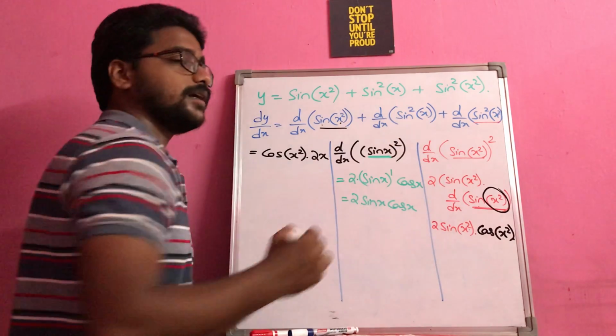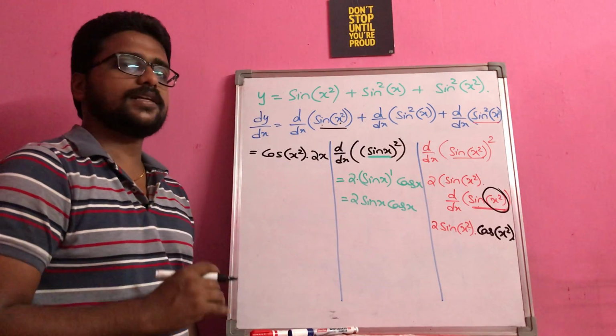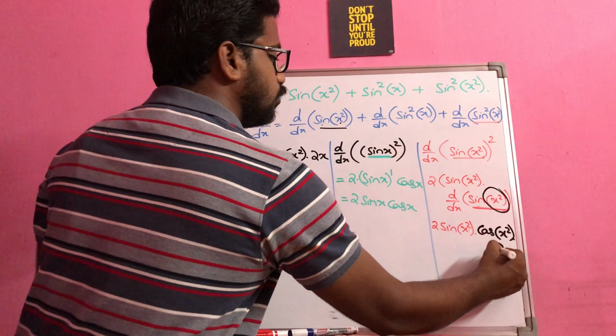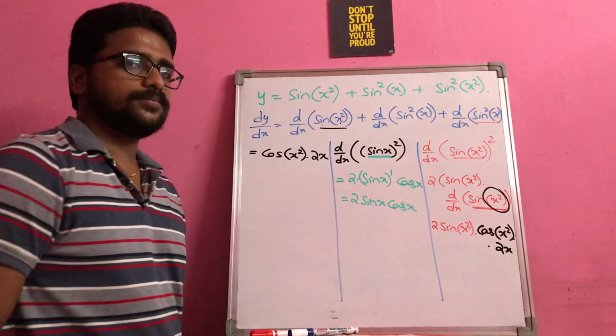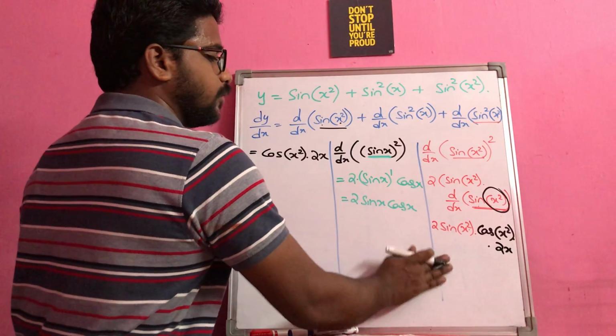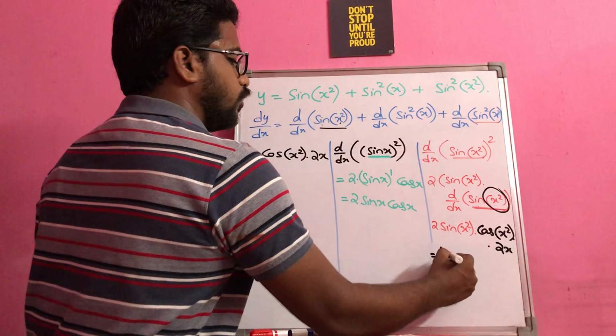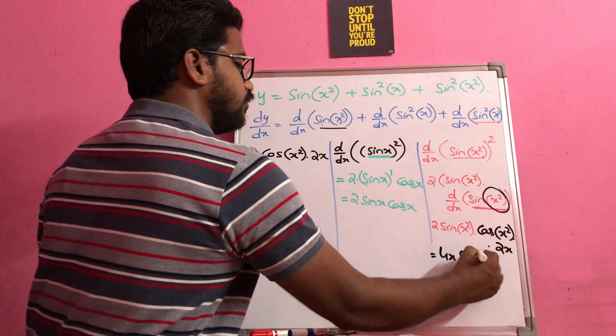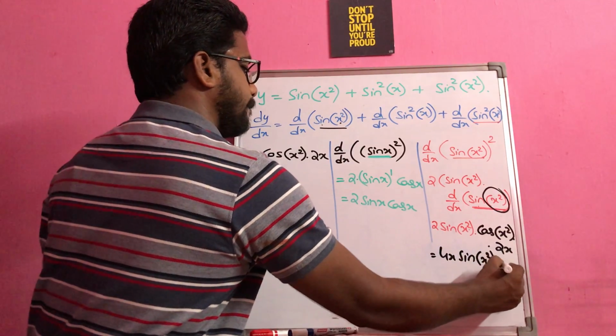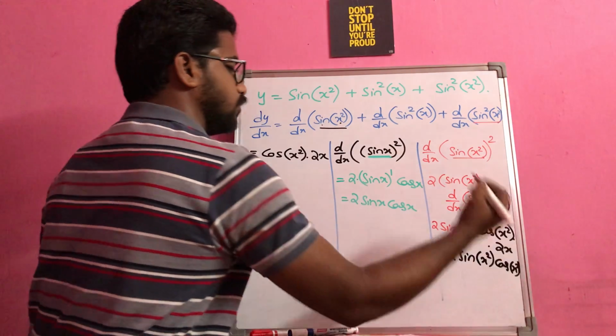But is it x or other than x? Obviously it's other than x. So into the derivative of that, which will become 2x. So finally my answer for this will become 4x sine of x square cos of x square.